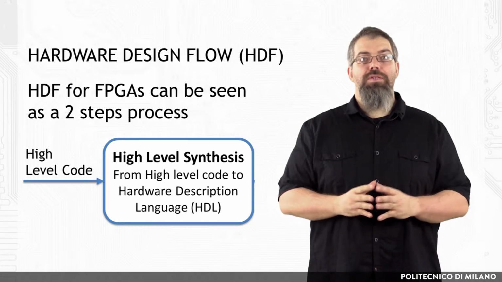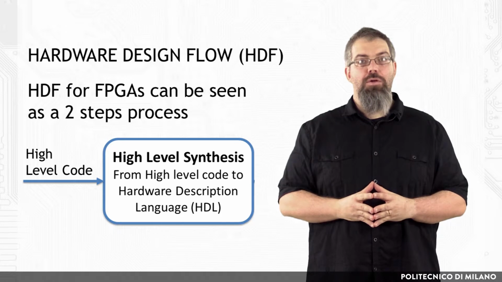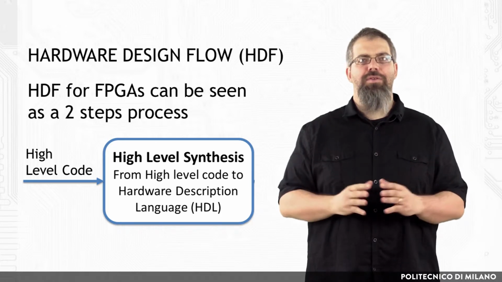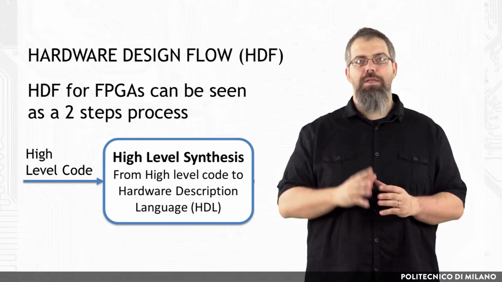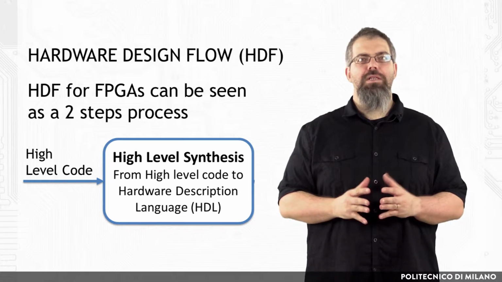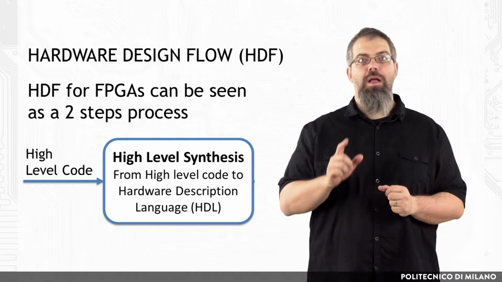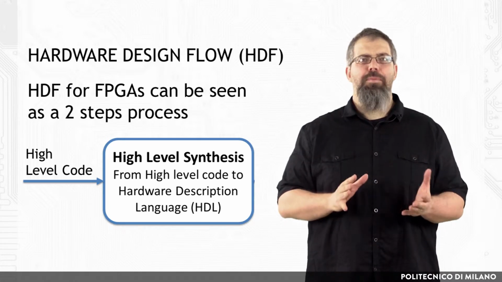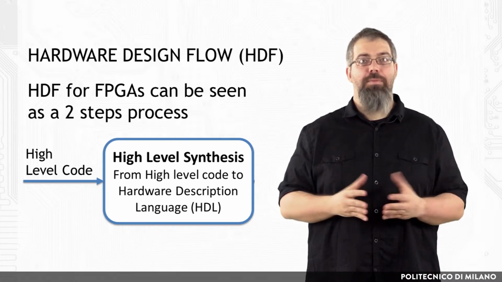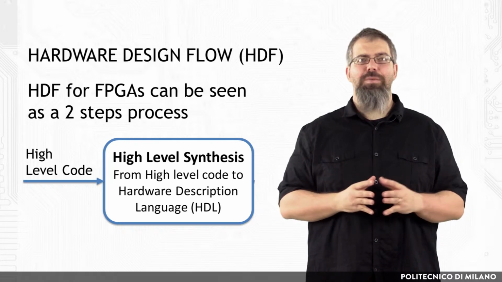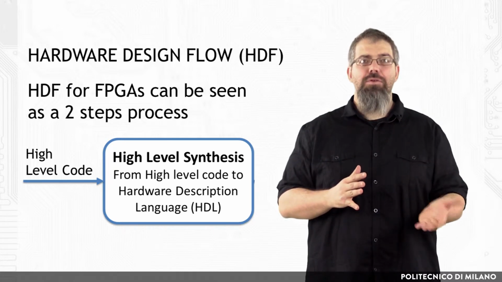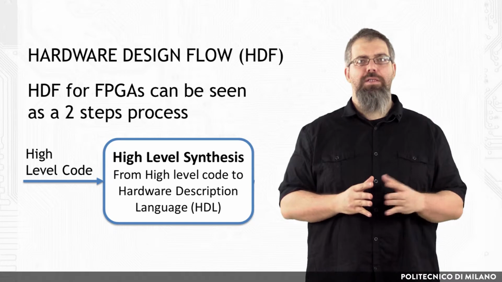This step involves the optimization of the FPGA code and the production of a lower-level representation of the code. In particular, it generates code written in HDL, which we know stands for Hardware Description Language. Most of the time, this step produces what is known as an IP core, a representation that can then be used for the following step of the hardware design flow.